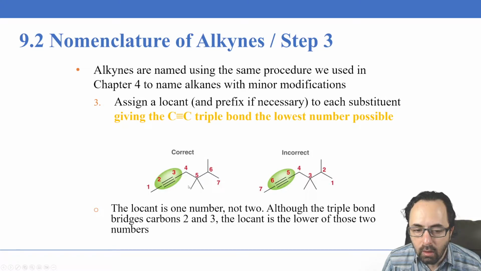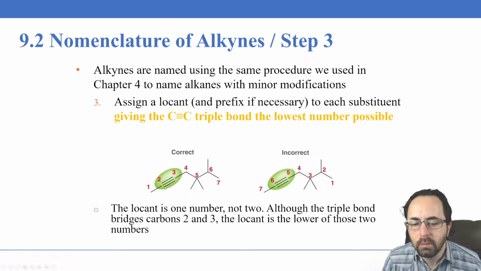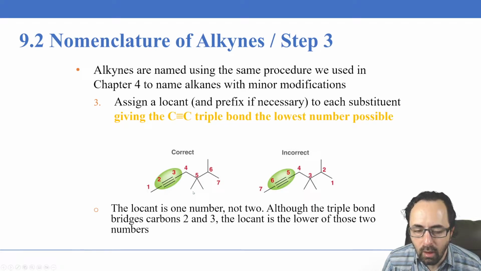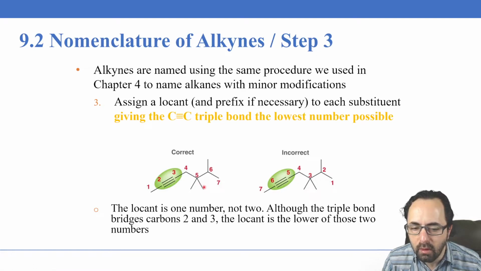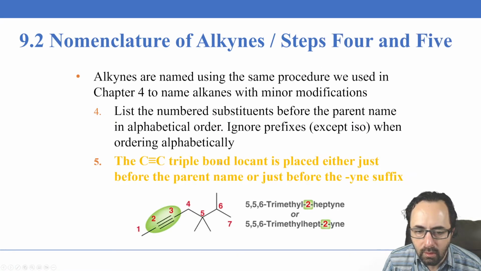So our parent chain here in this case would be 1, 2, 3, 4, 5, 6, 7. It would be 2-heptyne as the parent chain, and then we've got 3 substituents here. They're all methyls, 1 here, and 1 here. So we have a trimethyl, 3 methyl substituents. When we name it, finally, we list the numbered substituents.